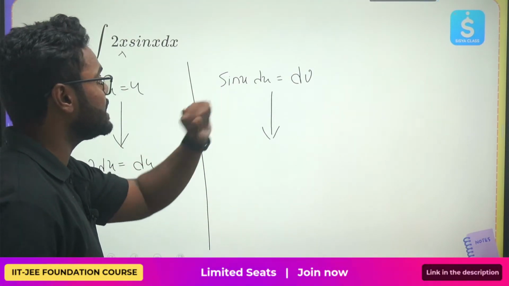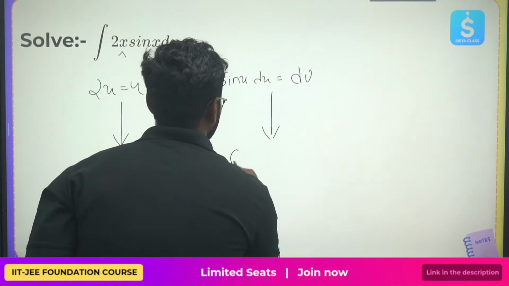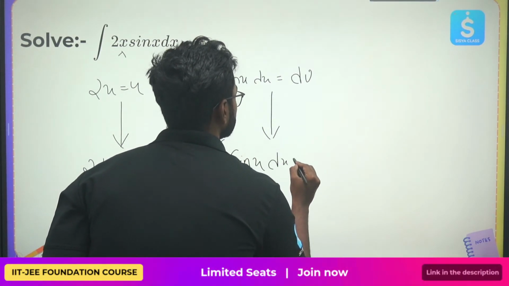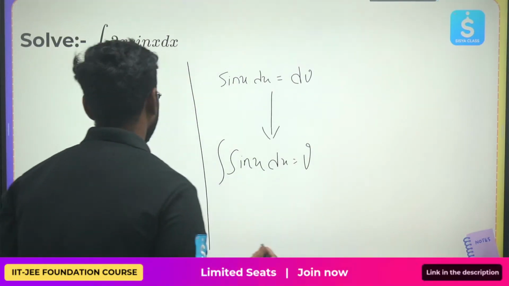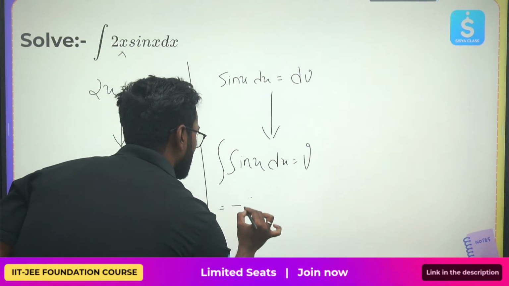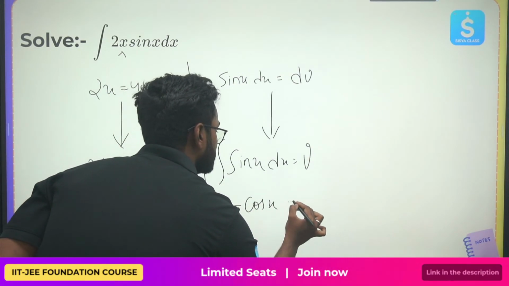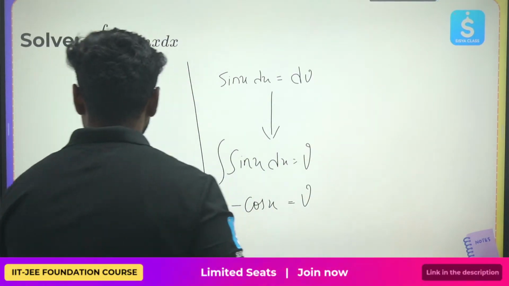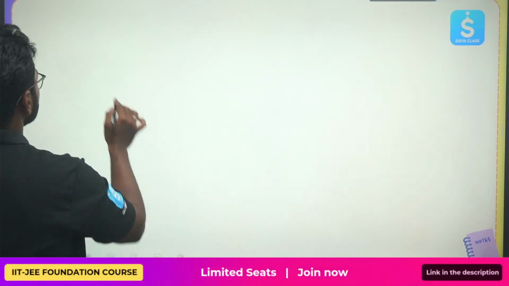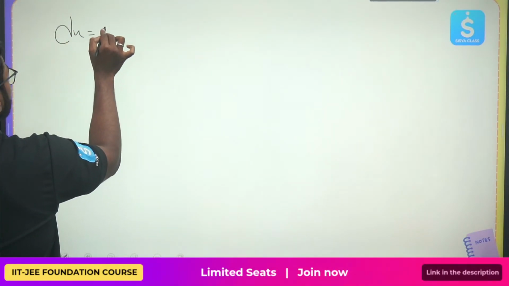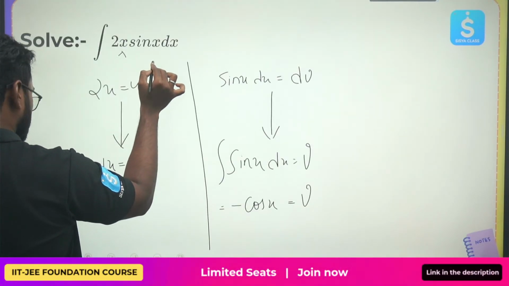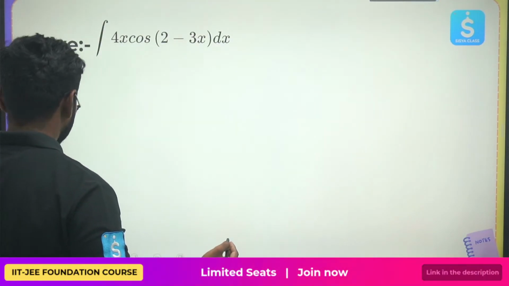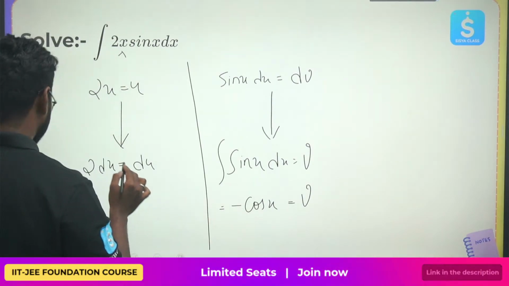Now, if we integrate, integral of sin x dx is equal to integral of dv, which would be v. This should be minus cos x is equal to v. You understood till here, right? So du is equal to positive 2 dx and minus cos x is equal to v.